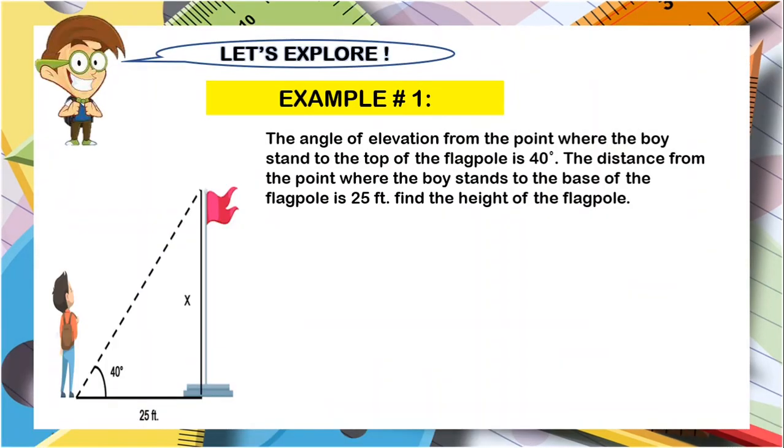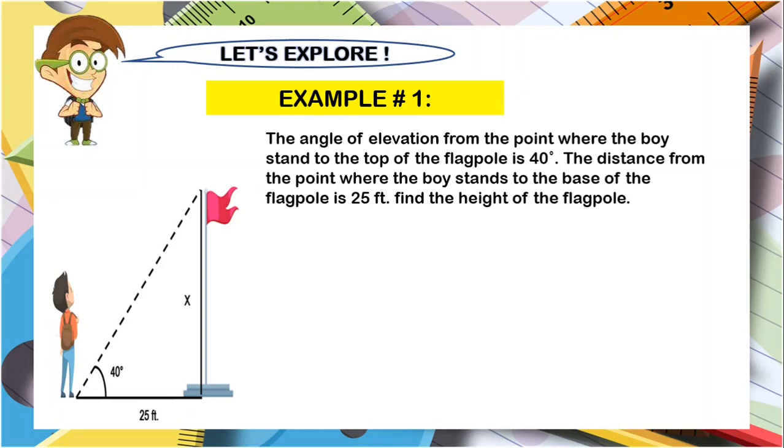Now, let us try to find the height of the flagpole. Based on the given illustration, the angle of elevation from the point where the boy stands to the top of the flagpole is 40 degrees. The distance from the point where the boy stands to the base of the flagpole is 25 feet.